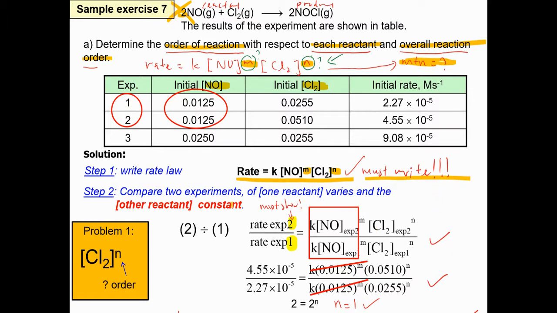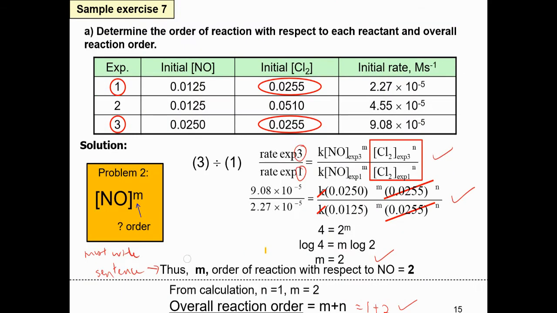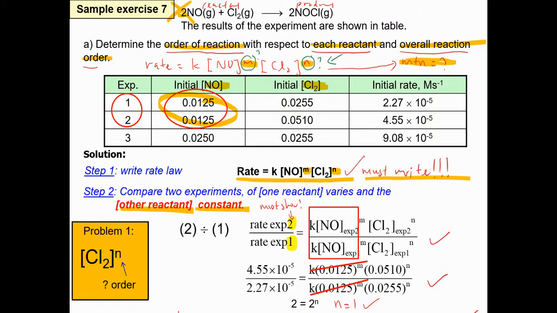Then after that, you find the reactant which has constant concentration, for example 0.125, 0.125. Why? Because we can find the other order of reaction that has changes. For example, we compare experiment 2 to 1.